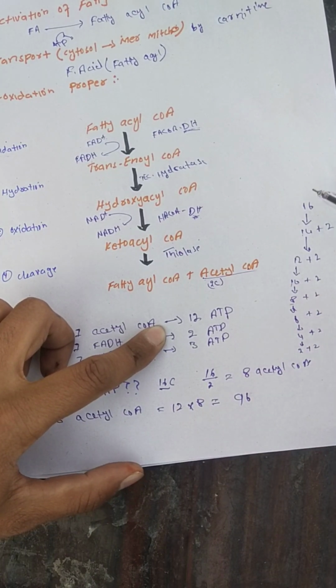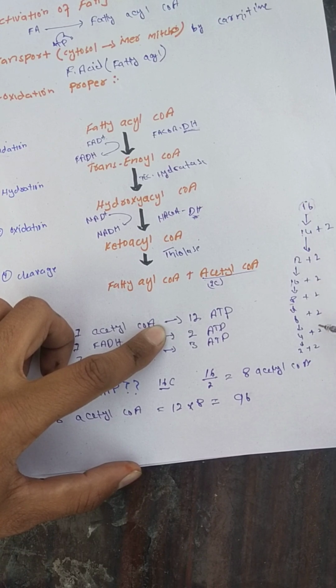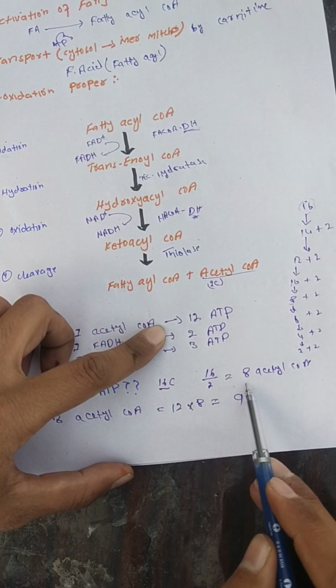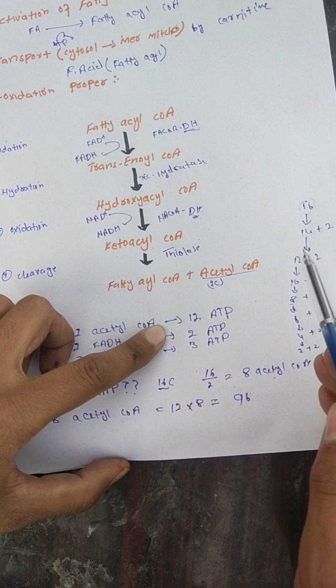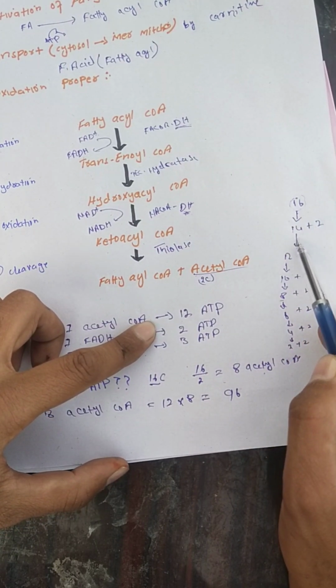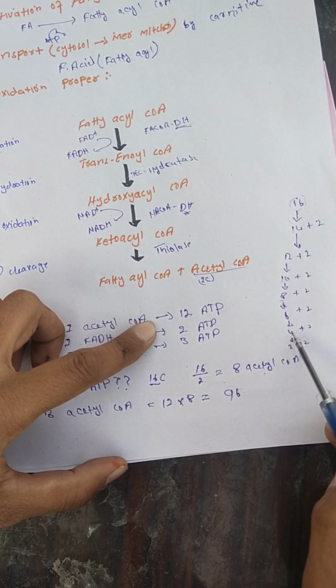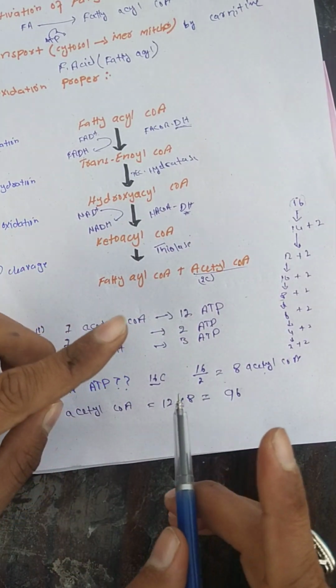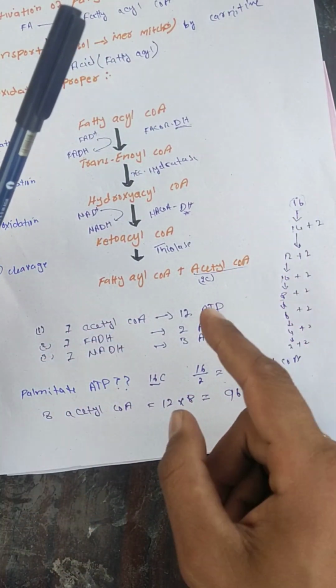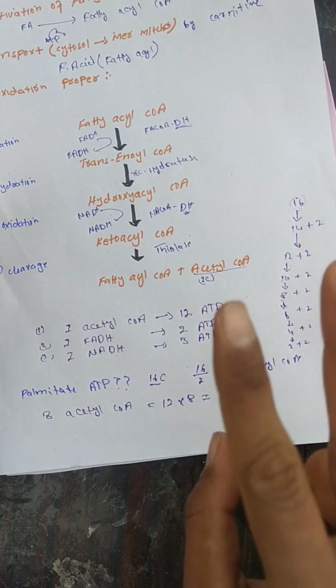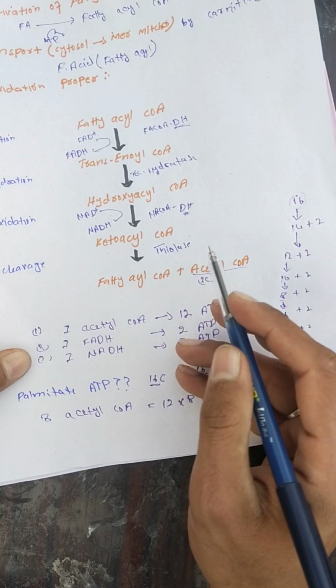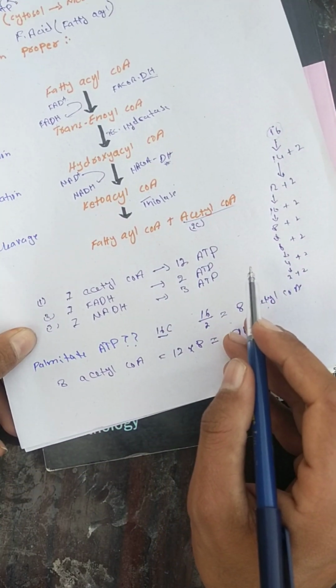So we can see here that if we have 16 carbon, we get 1, 2, 3, 4, 5, 6, 7, 8 acetyl CoA. And in how many steps is this reaction done? 1 step, 2, 3, 4, 5, 6 and 7. So we degrade the 16 carbon completely in 7 steps.